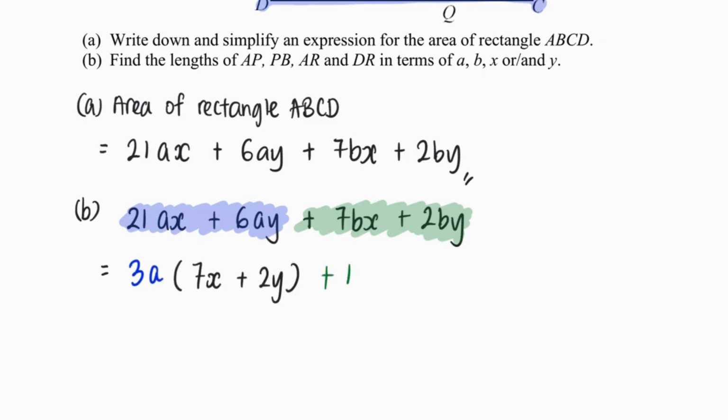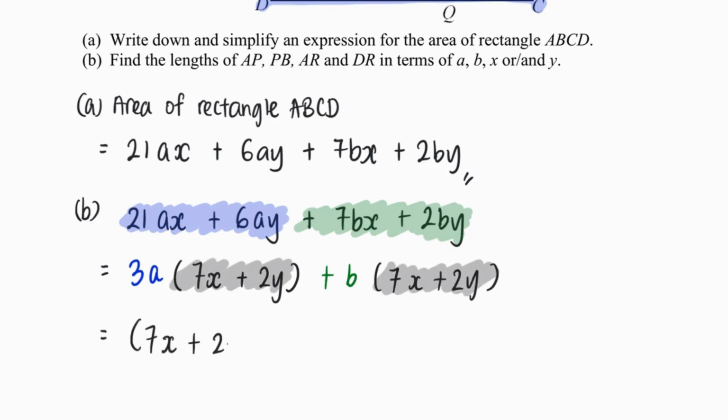B will be the common factor, and I'm left with 7X and 2Y. And from here, I could then further factorize out the 7X plus 2Y, to lead me to this expression here.